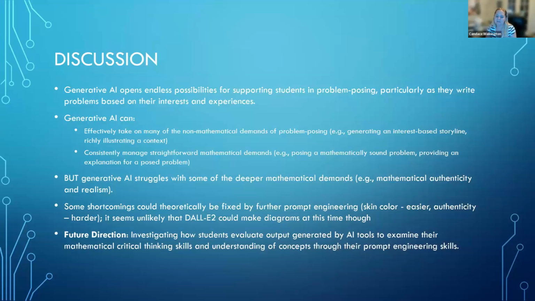You could ask ChatGPT to make the problem more authentic, but how authentic are you going to be able to make a factoring polynomials problem about robots taking over the world? That space maybe doesn't even actually exist. And it seems unlikely that DALL-E 2 can make diagrams at this time, but there might be other image generating AIs that are more suited to this task.